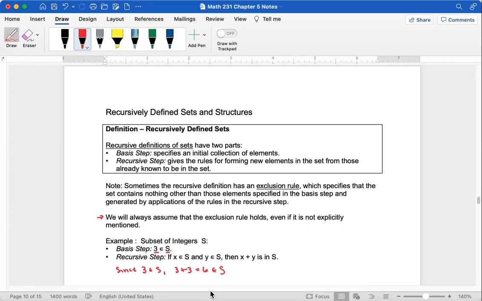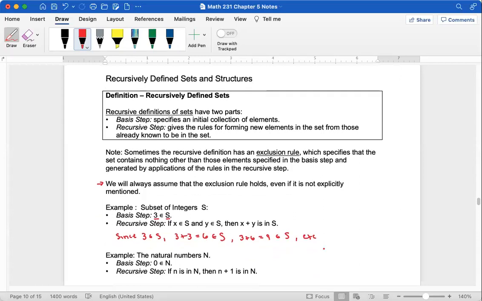So I've just found another element in the set. Now that I have two different elements, 3 and 6, 3 plus 6 must also be in the set S, and I can keep producing elements this way. You might notice that because I'm basing this on 3, I'm going to end up getting multiples of 3, and we'll see that in a later example.